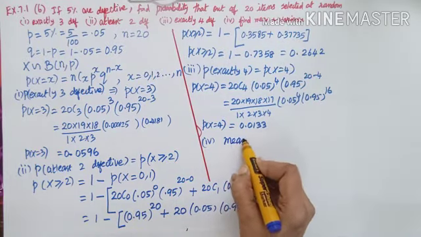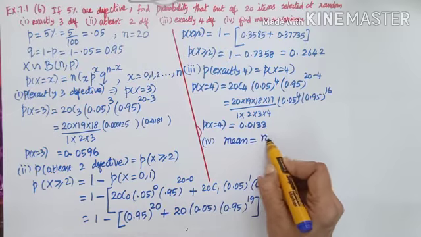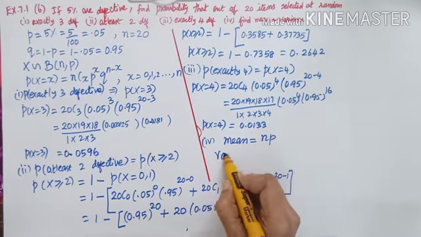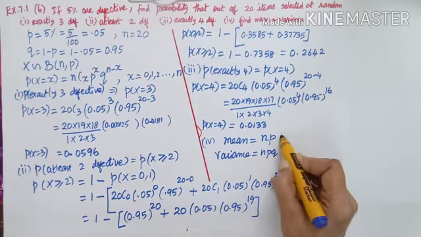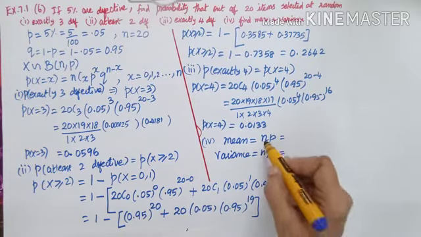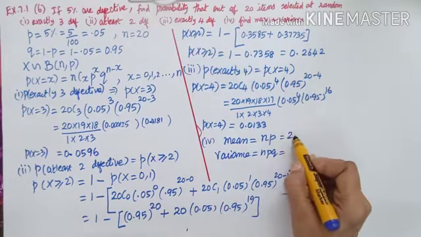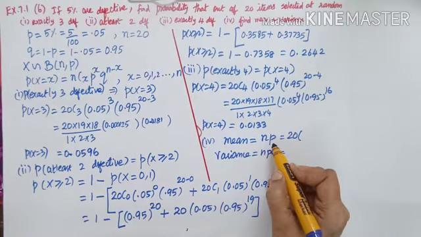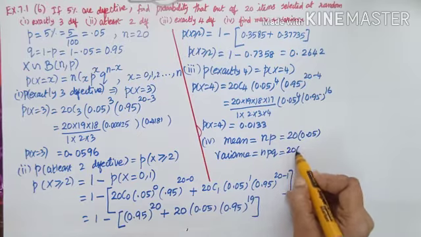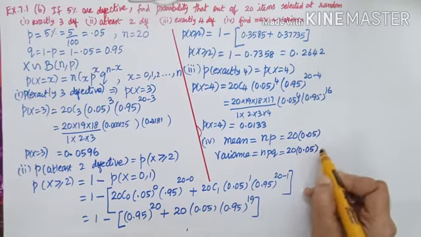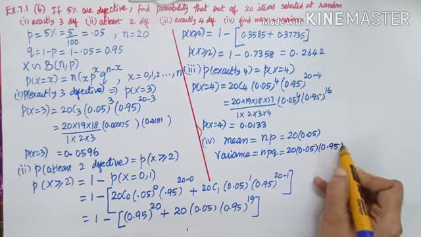Fourth part of the question, find mean and variance. For a binomial distribution, mean is equal to n into p and variance is equal to n into p into q. Let us multiply and write it. What is n in this question? 20. What is p? 0.05. Similarly here, 20, 0.05 into 0.95.